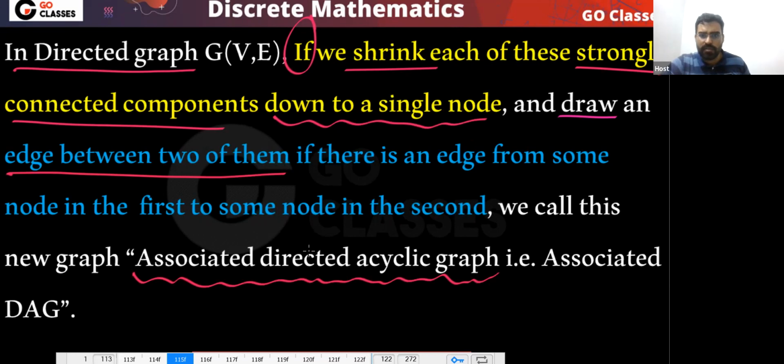I will tell you the reason why this is acyclic. But this new graph will be called the associated DAG.